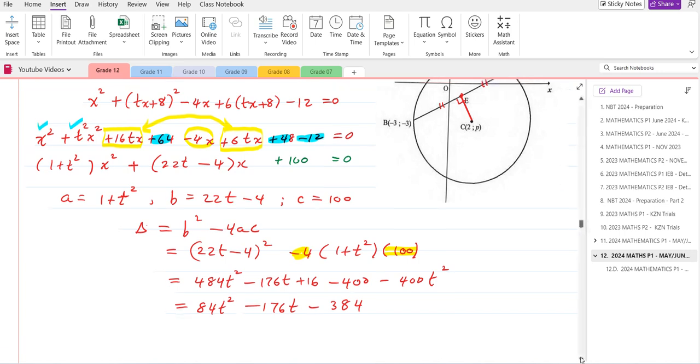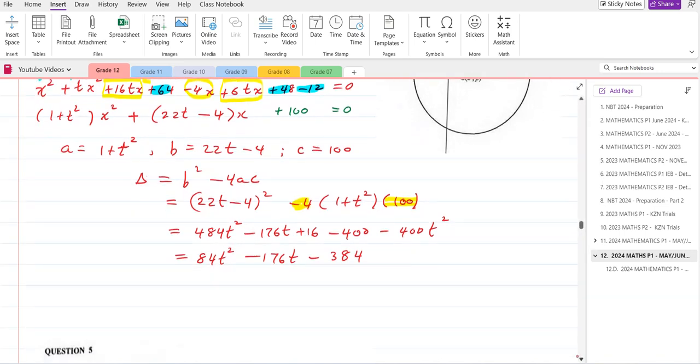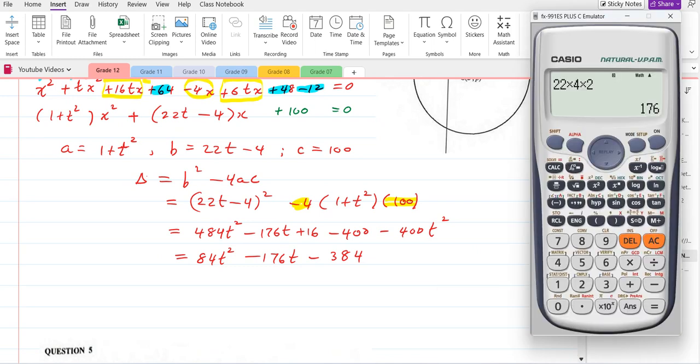So I can factorize this. I can take out what as a common factor? Can I take out 4 as a common factor? 84 divided by 12 gives 7, so maybe I can take out 12.